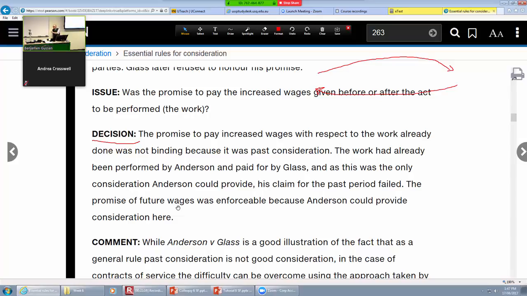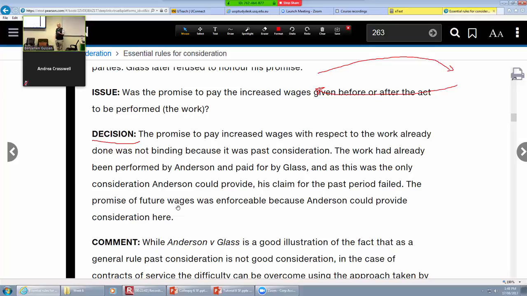You are trying to figure out what did this employee pay for this promise by his boss to pay him more. You pay him more for what? There had to be consideration. Yes? So you're saying that because he already performed that work earlier, that's not something he can use as one of his bargaining tips for how to behave in the future?